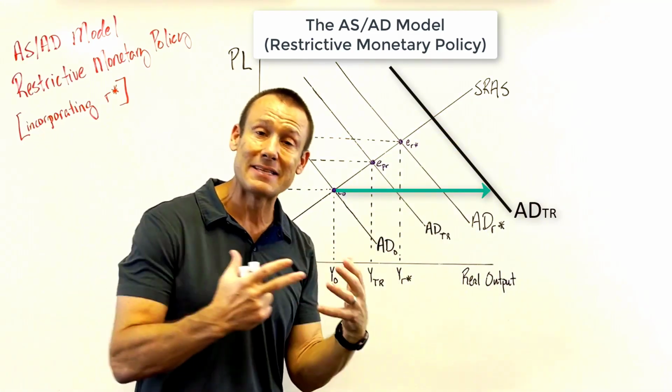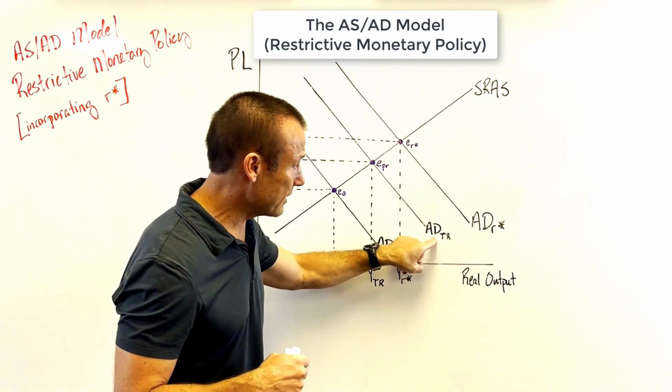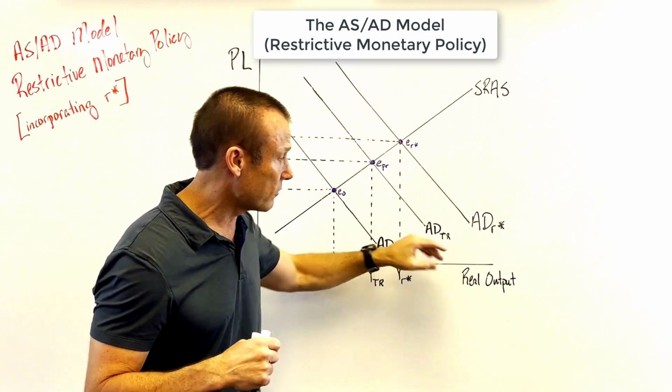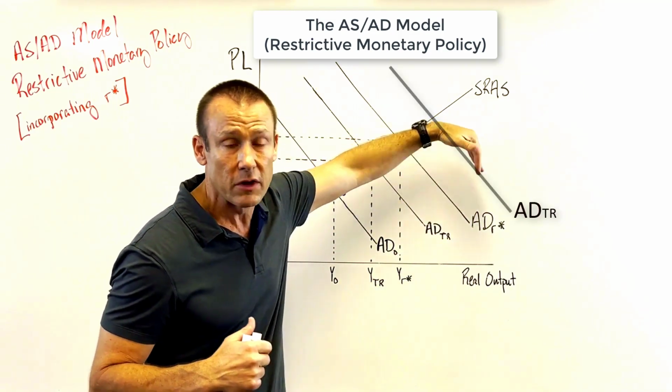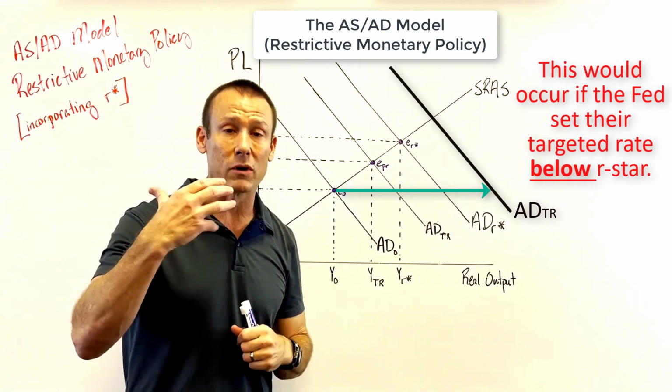That's when they're trying to stimulate the economy. So that's how we can show stimulative policy: the Fed has a targeted rate that would cause that total spending curve to be to the right of AD R star. That's when they're being accommodative or stimulative.